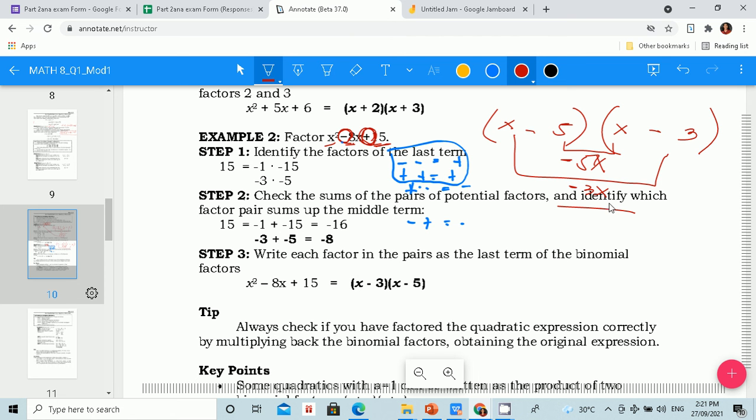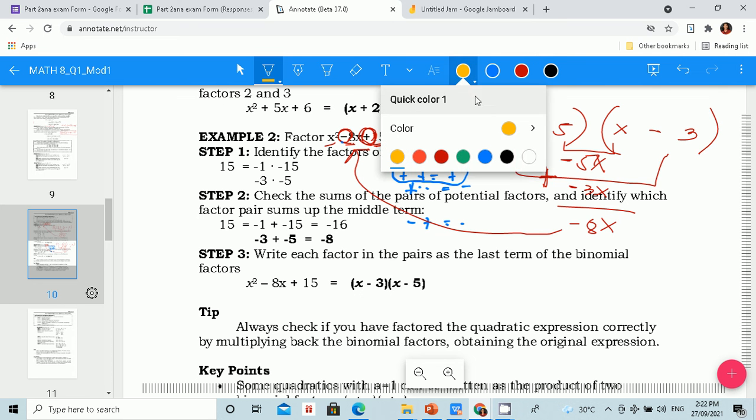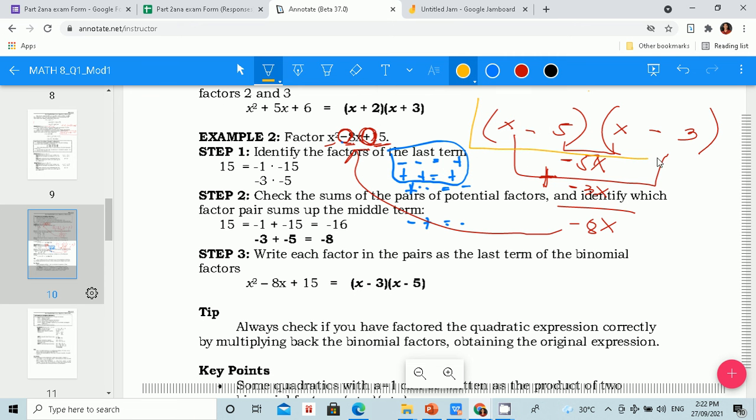So adding, that is negative 8x. So did we get the middle term correctly? Yes. And then we can confirm that our answer, the factor, is x minus 5 times x minus 3. This is our factor here.